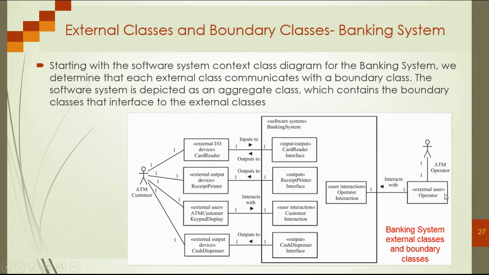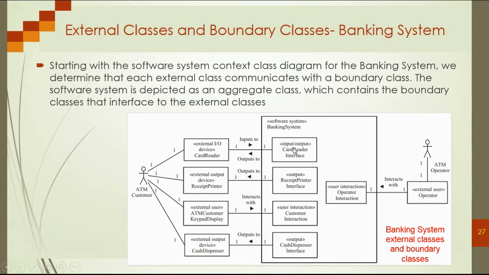Also, we have another external user. So this is the external user and this is user interaction, and both are user interaction. So we have two objects as user interaction, and we have three objects or interfaces as input-output devices.